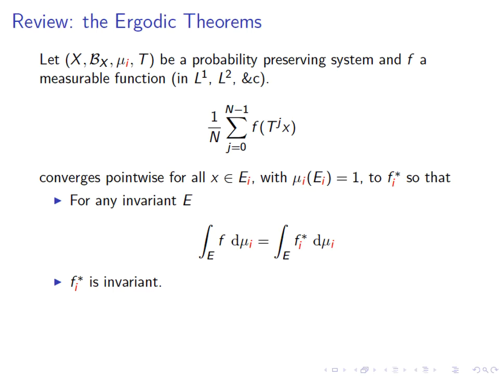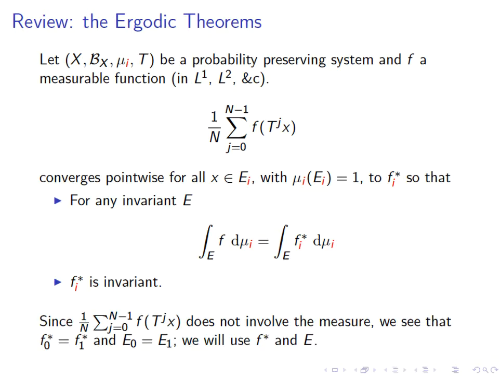That's got nothing to do with the measure. The set E_i has nothing to do with the measure i. The limiting function f star has nothing to do with the measure i. Because this operator doesn't involve the measure, f star and E have nothing to do with the measure, and we will from now on call them indeed f star and E instead of f star sub i and E sub i.